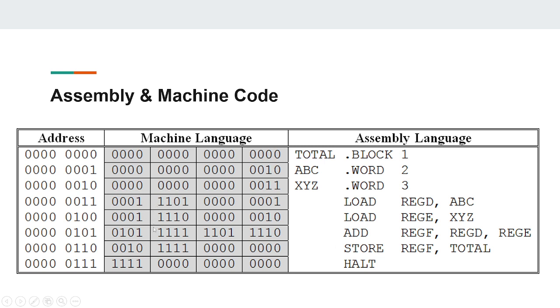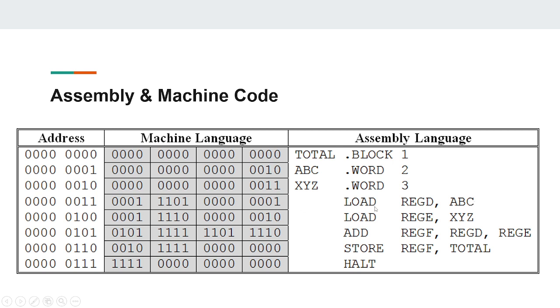So the first byte indicates the machine code, and the second byte indicates the register that it's going to use, and the remaining bytes store the address of the value that it's going to copy from.